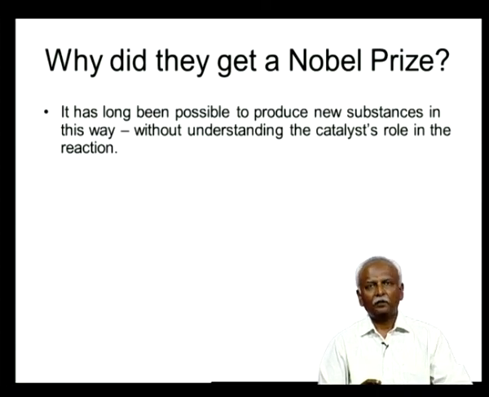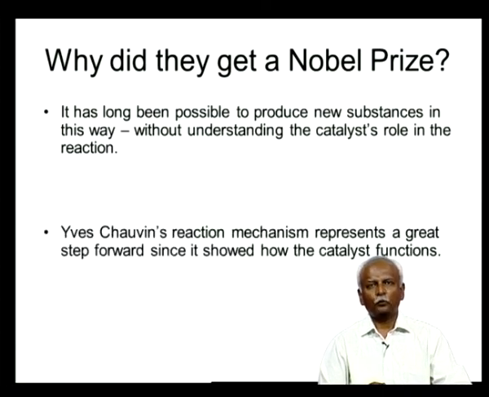And once the role of the catalyst was understood, it was possible to move forward very rapidly and use it in reactions which led to formation of very interesting compounds, and the catalyst could be designed such that in each case, when there was a substrate which posed a special problem, it was possible to generate a catalyst which would carry out the reaction efficiently.